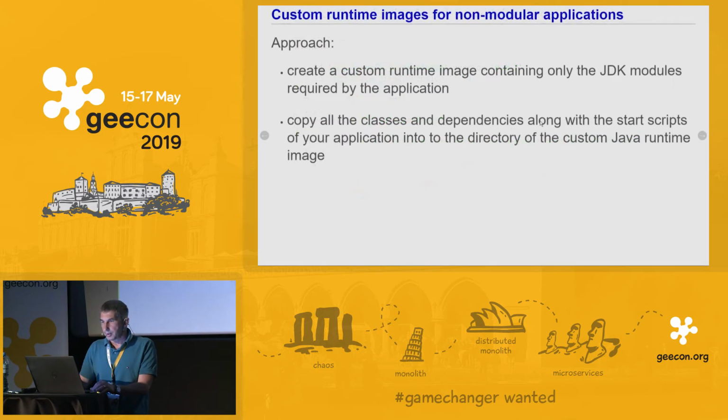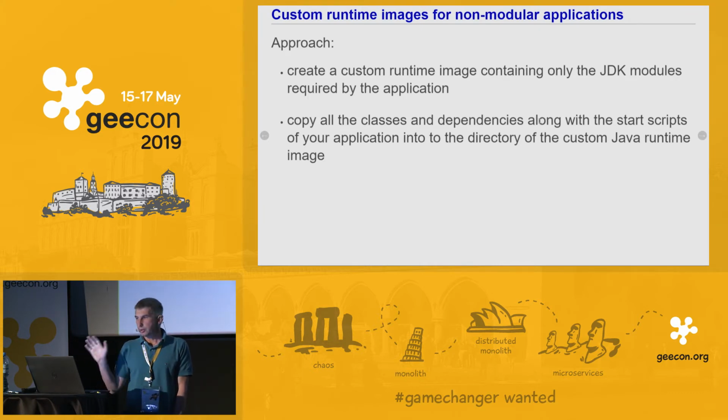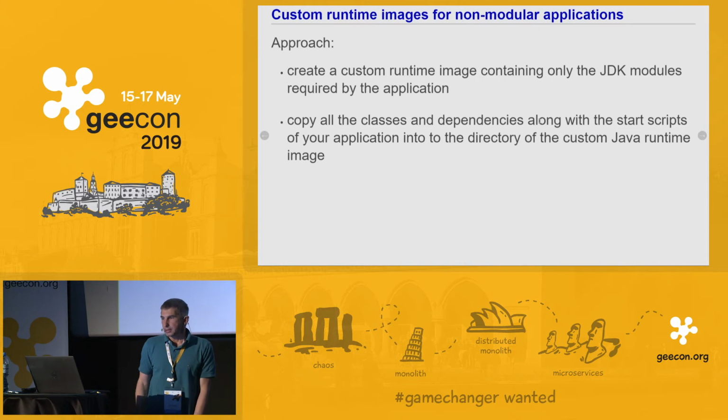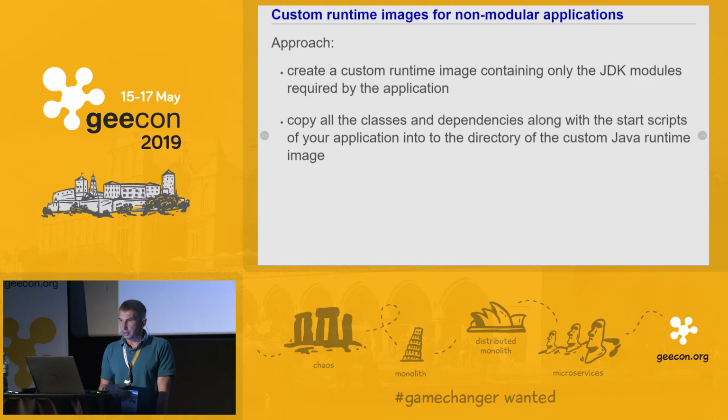The last use case I want to show you is how to create a custom runtime image for a non-modular application. Sometimes it may be very difficult to modularize an application, and you may decide to not modularize it. But maybe you still want to create a custom runtime image for this application.